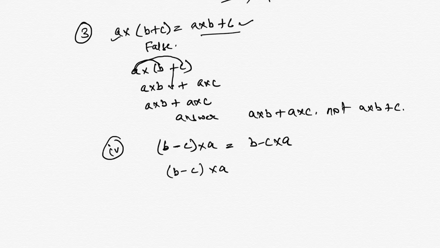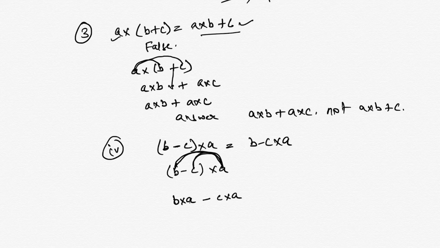So the process is A into B, or B into A, minus C into A. So first A into B, then A into C. That is A into B or B into A is the same thing, minus C into A. So the answer is this.